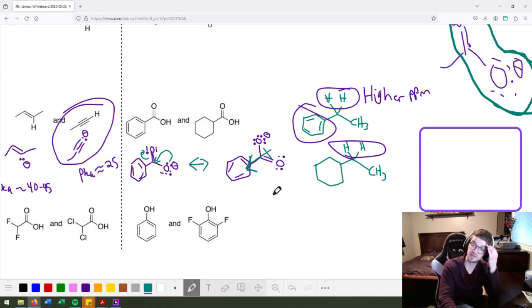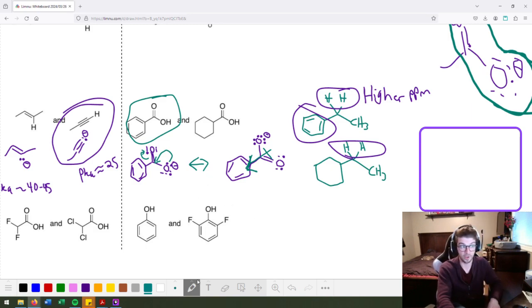That is going to be an inherently stabilizing effect, and so that's why this benzoic acid will be the more acidic, although not by much.